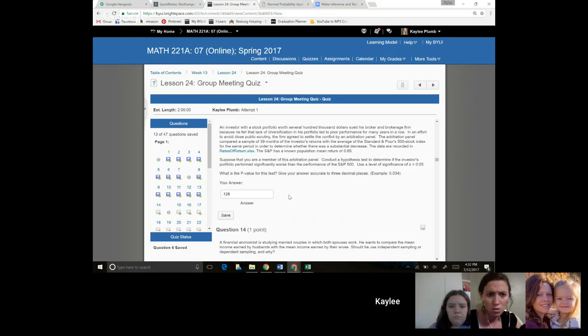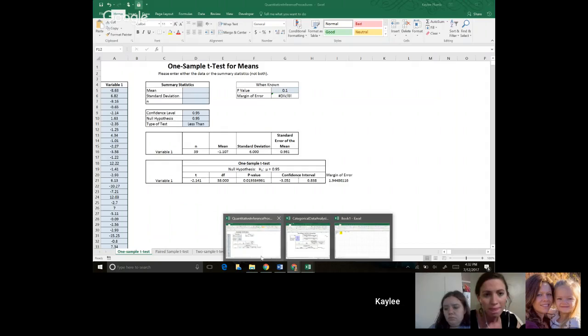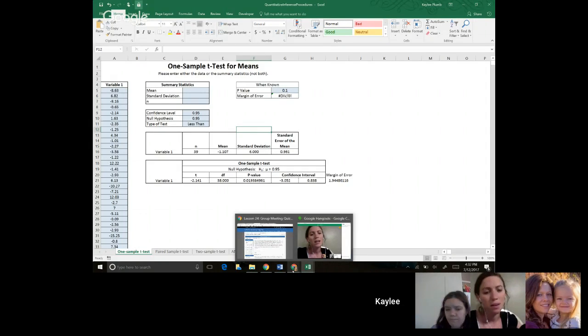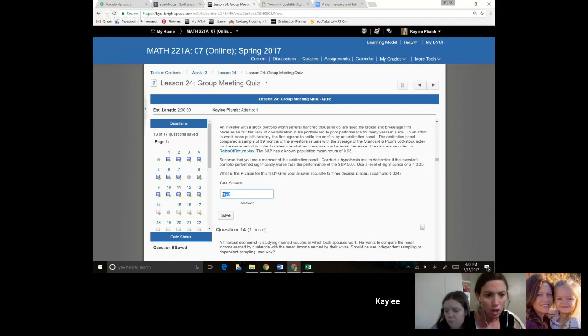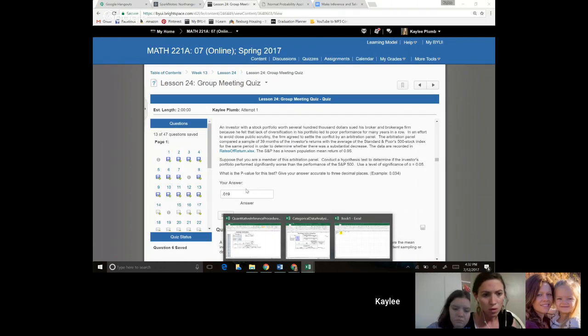So it said that the S&P has a known population mean return of 0.95. So is that the null then? That's what I'm assuming. There it is. Yep. Okay, so now you get a p-value of 0.019. Yep. Yes. Okay. I'm like, what did I do? So that's the answer then? That's what I did. Yeah. 0.019. Wait. Can you show me this screen? Because I should have all the same numbers as you, and my p-value doesn't stay the same.